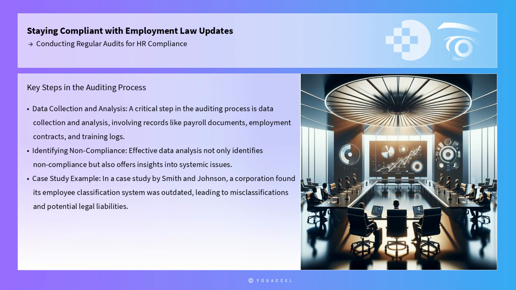For example, in a case study conducted by Smith & Johnson, a large corporation discovered through an audit that their employee classification system was outdated, leading to misclassifications and potential legal liabilities. By addressing these issues, the company was able to realign its practices with current regulations and avoid penalties.